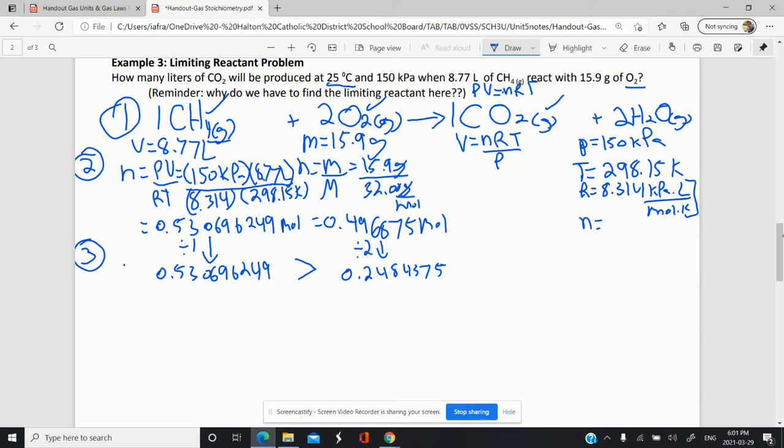So since the CH4 is larger than the O2, that makes O2 the limiting reagent.